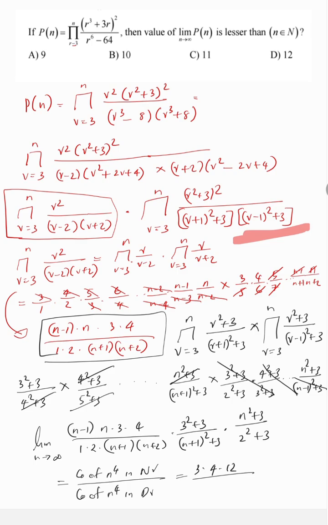In the denominator it is 1 into 2 into 1 into 2 square plus 3, which is 4 plus 3, 7. So this will be the answer.